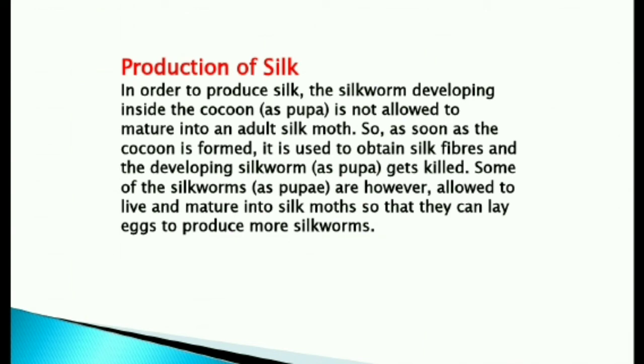What is the production of silk? In order to produce silk, the silkworm developing inside the cocoon as pupa is not allowed to mature into an adult silk moth. So as soon as the cocoon is formed, it is used to obtain silk fibers and the developing silkworm as pupa is killed.